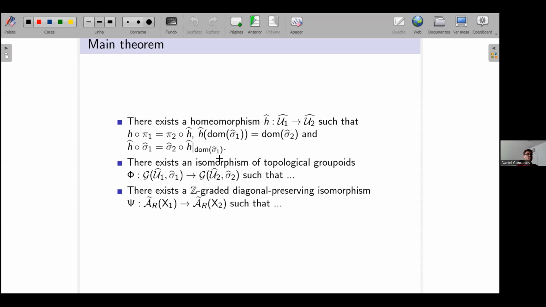For Leavitt path algebras the K-theory is very hard, but for sister algebras I think others have already computed it for labeled graphs. So I'm hoping we can add something with K-theory here, but that's current work in progress.